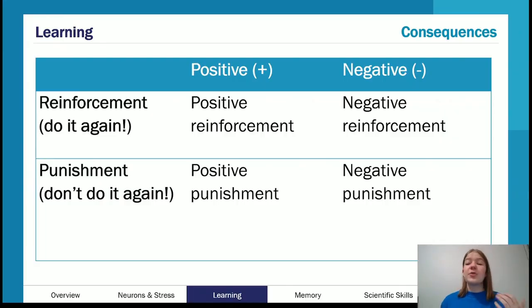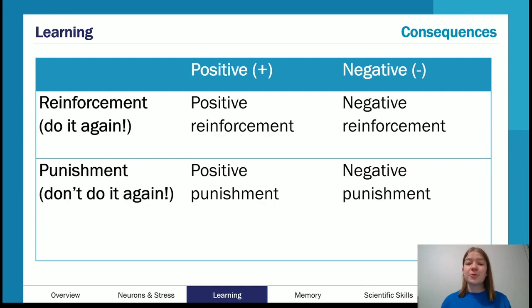So it's really important that we can categorize our consequences and think about what they're called. Remember that positive is we're adding something, we're presenting something in the environment. It doesn't mean that it's good or wanted. Reinforcement means we're reinforcing it, we're encouraging it, we want to make that behavior stronger, more likely to occur in the future. And punishment, we're trying to discourage the behavior.